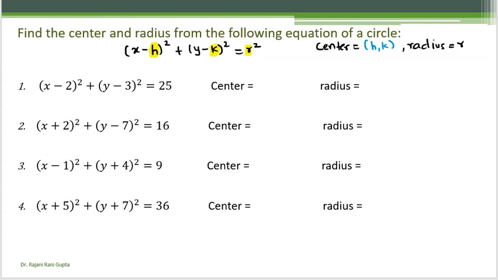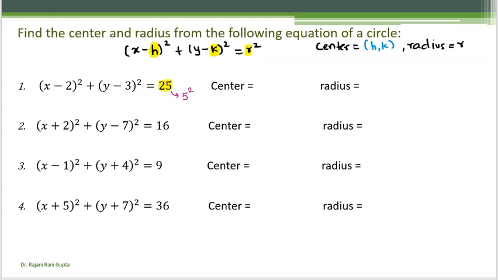So let's see question number 1. (x - 2)^2 + (y - 3)^2 = 25. It is in this form except this 25. 25 we have to write as a perfect square of a number. So 25 we can write as 5^2, because 5 times 5 gives you 25.